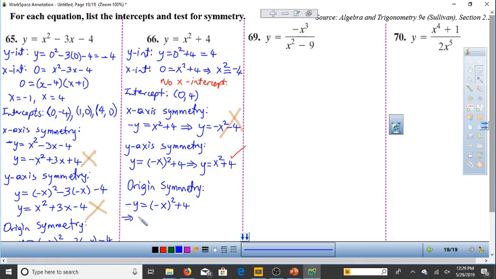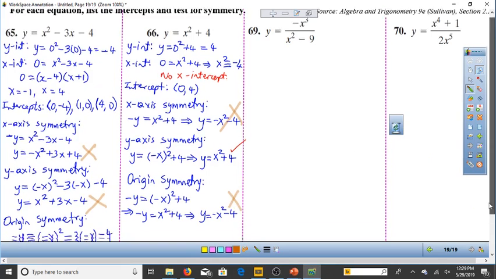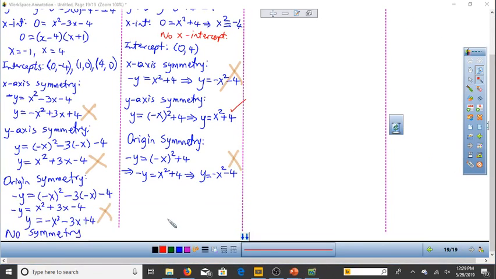And that gives us negative y is equal to x squared plus 4, which is not the same as what we had before, even when we tried to get the y by itself. So this one does not have origin symmetry. So this graph only has y-axis symmetry.